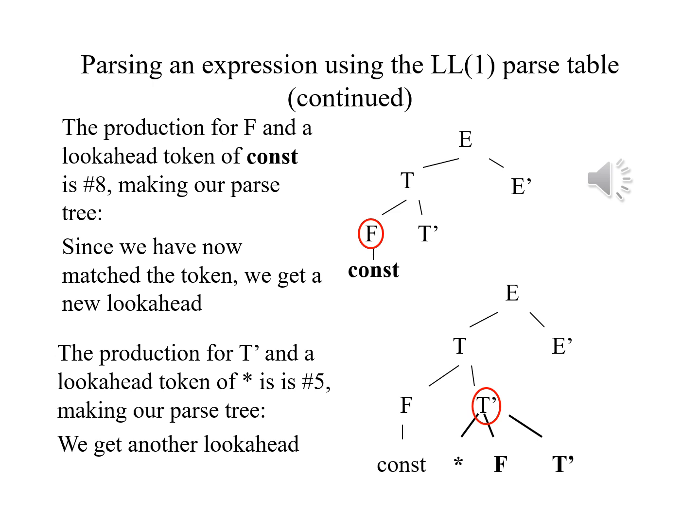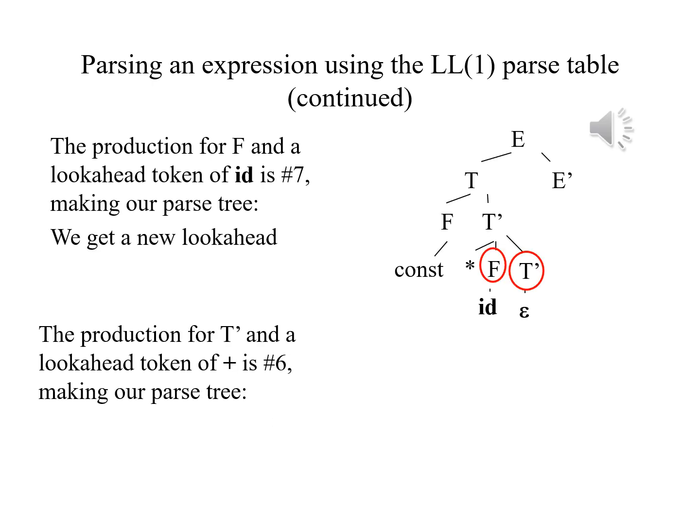Moving down, we now match our token on the tree of times with the look-ahead of times, so we need to get the next look-ahead, which will be ID. The node that we're at holds the non-terminal F, and the look-ahead character is identifier.